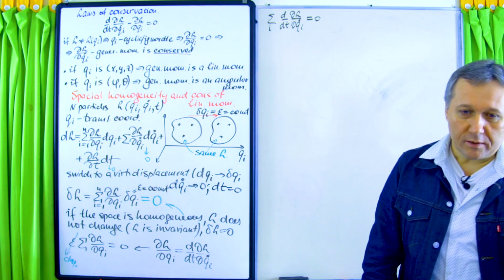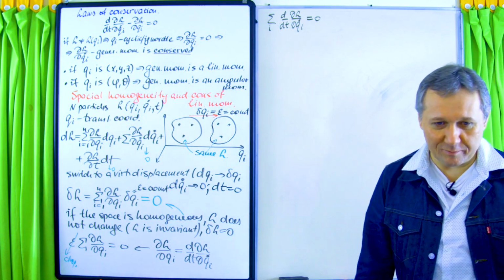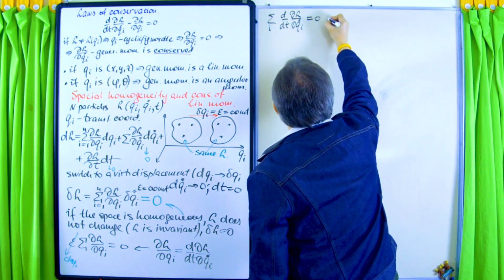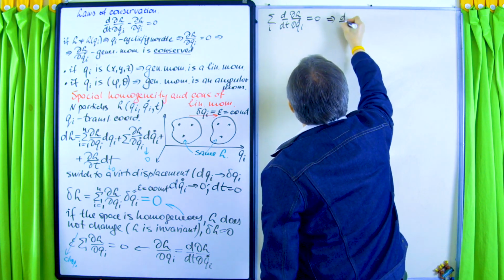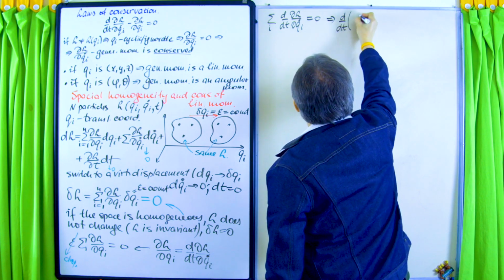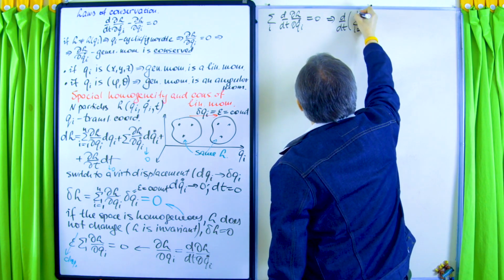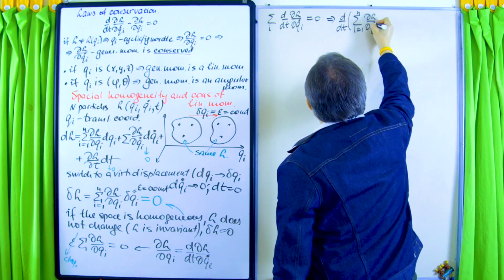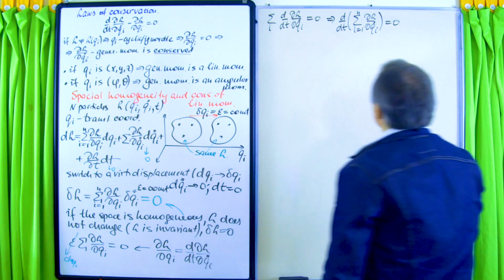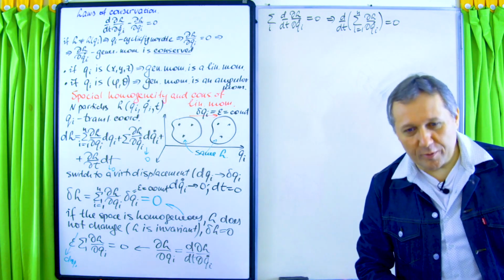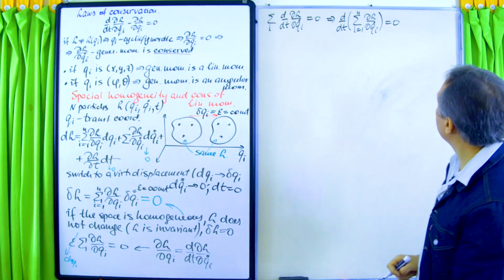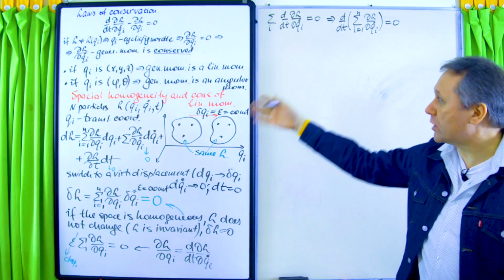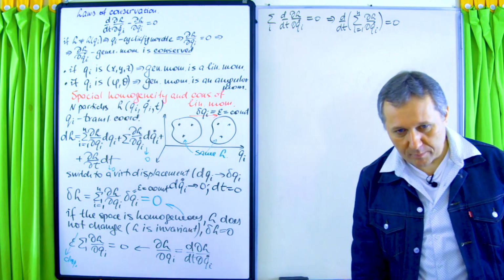Okay. The time derivative can be taken outside of the summation. So we can write it as d over dt, and then the summation over the whole system of this partial derivative, and it must be equal to 0. That dL over dq_i dot, in general, is just a generalized momentum.